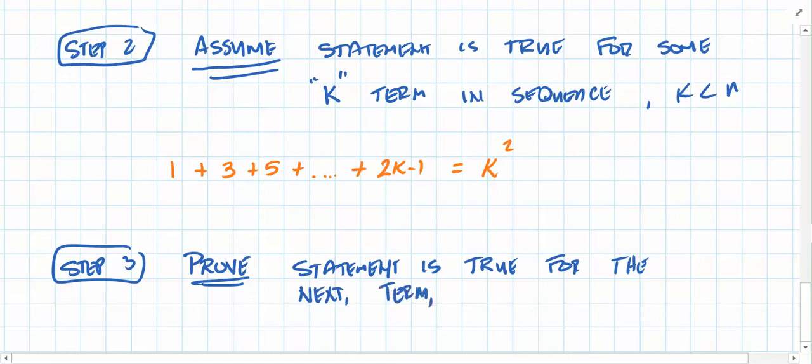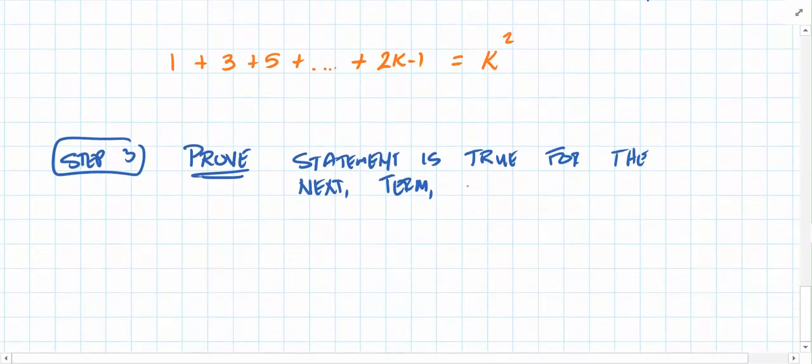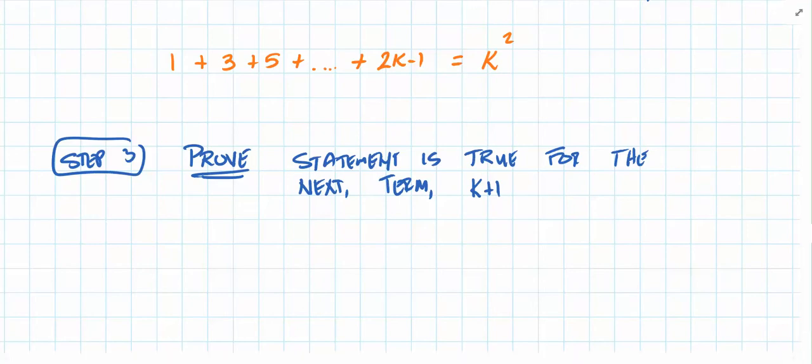Okay, so ladies and gentlemen, if I'm assuming up to k, what's the term to the right of k? k plus 1, okay? So that means k plus 1. Nope, because remember, k is a spot in the sequence.